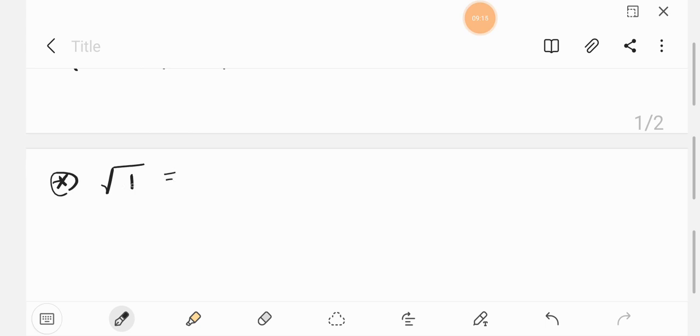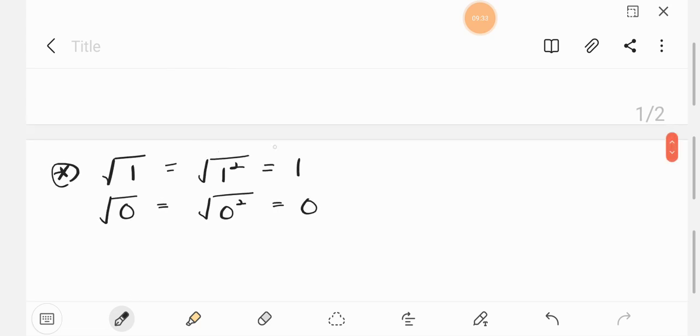This is 1 because 1 is a perfect square, which is 1 squared, right? So that is equal to 1. How about the square root of 0? 0 is also 0 because 0 times 0 is 0, right? So this is equal to 0. So always, if the square root contains a perfect square, then the base is the result. So make the base positive always.